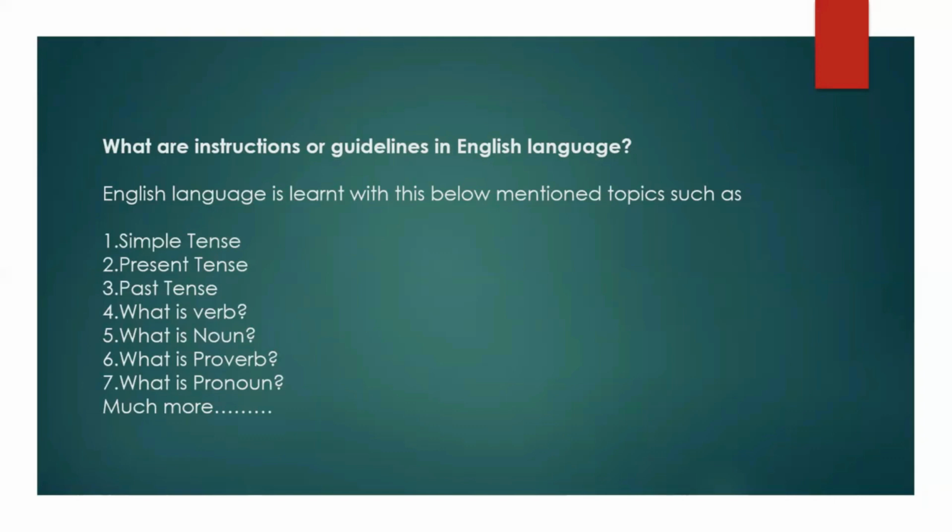By learning all these topics step by step, a person will be able to communicate with the other person in English. Otherwise, he will not be able to communicate. So these topics are the instructions or guidelines in the English language. If someone wants to learn English, he has to learn all these particular topics.